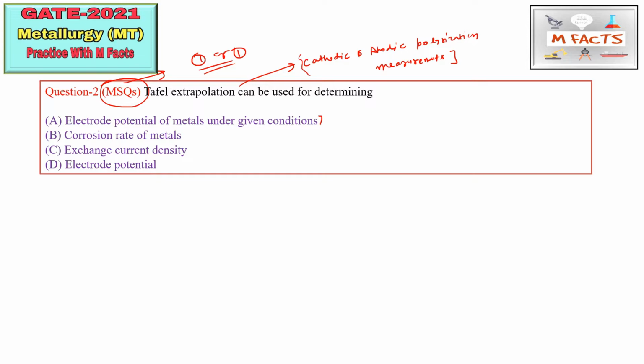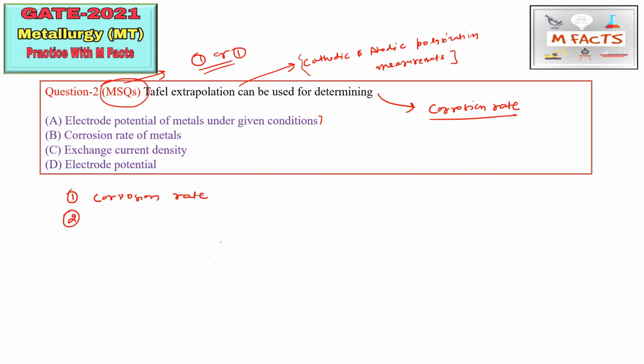Here I will tell you in short that this technique uses the data obtained from cathodic and anodic polarization measurement for measuring the corrosion rate. So the first thing we can measure by Tafel extrapolation is the corrosion rate.